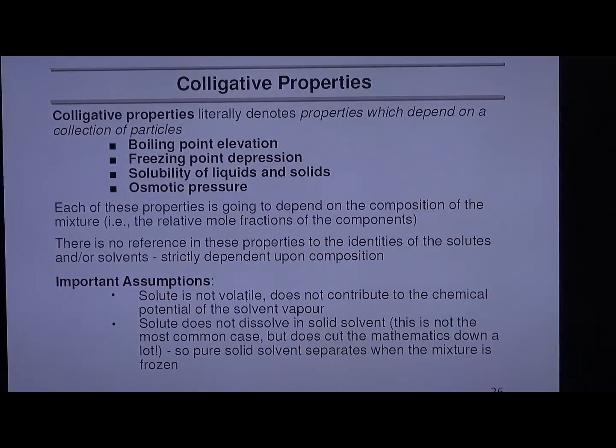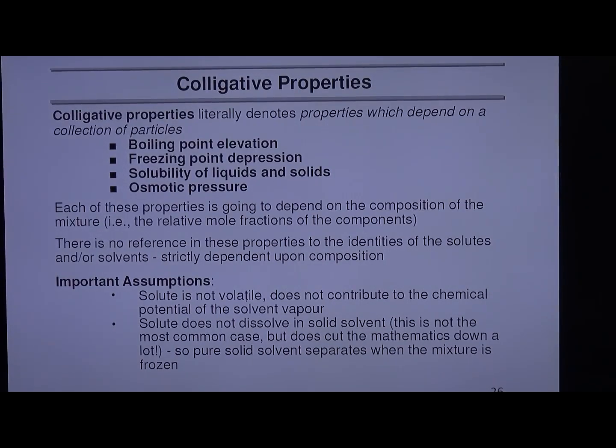Only solvent is volatile. Okay? When we dealt with ideal solutions or other types of solutions, we assumed that both solvent and solute are volatile. But here, describing the colligative properties, solute is not volatile. Okay? That's one important assumption.